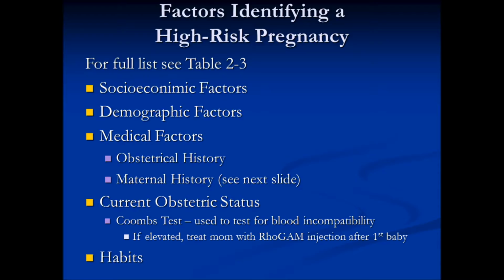So absence of prenatal care, Rh sensitization. As mentioned here on the slide, a Coombs test is used for blood incompatibility. They run this test to see if there is some Rh sensitization.